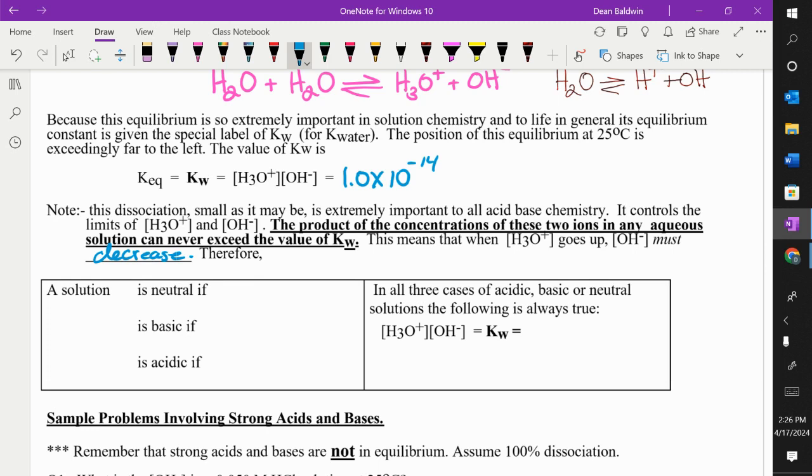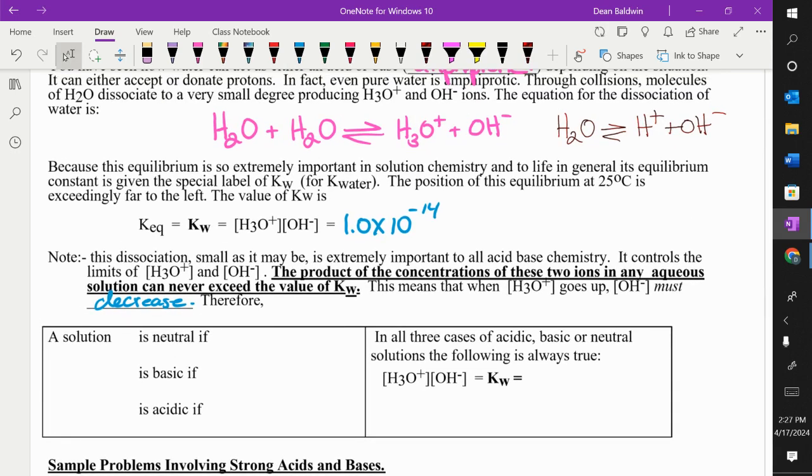So when is a solution neutral based on this? Not quite when it equals Kw, because you could have different ratios that multiply together. When these are the same, then it's neutral, because they cancel each other out.